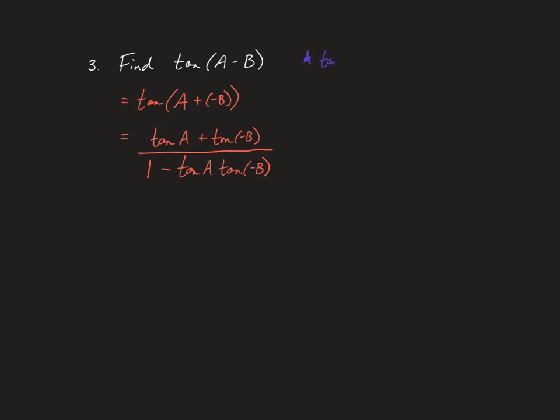I know that the tan of any negative angle is equal to the negative tan of the positive. And so where I see my negative tan B, I can replace that with a positive tan B as long as I make the term negative. On the denominator, I can do the same thing. But since I'm going to now replace this with a positive angle, this ratio would be negative, and therefore the sign in between becomes positive.